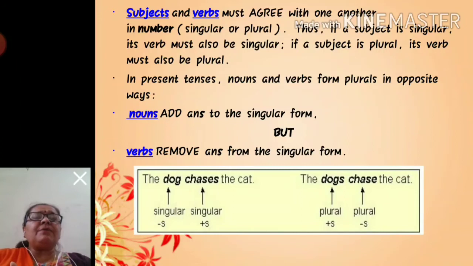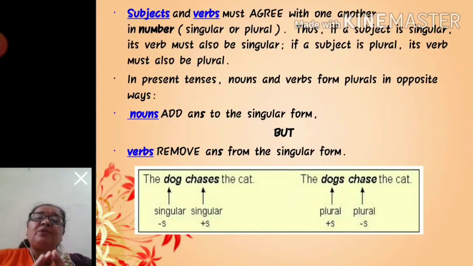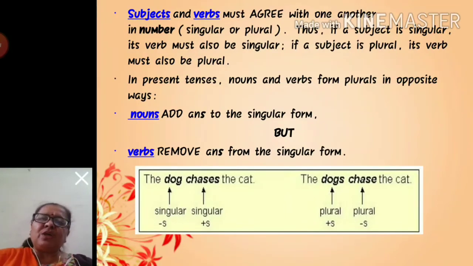Now see, in our present time sentences, nouns and verbs always form plurals in opposite ways. When your noun is singular, then it takes the verb in the form where an s is added to it. But when it is plural, you will see that the noun adds the s and the verb removes the s.